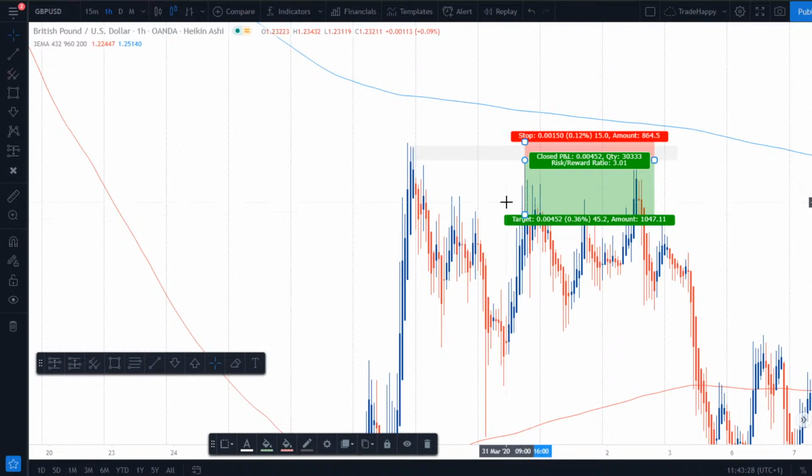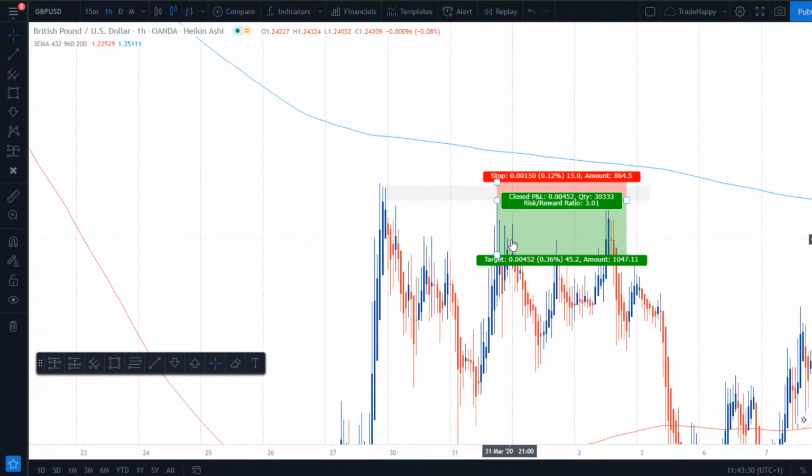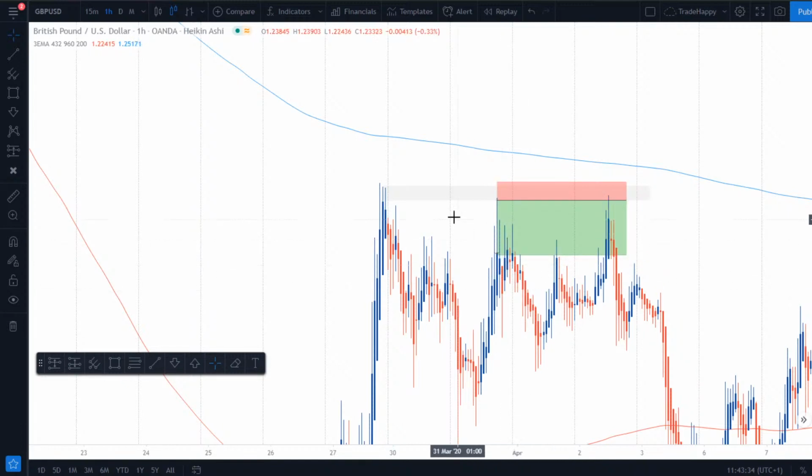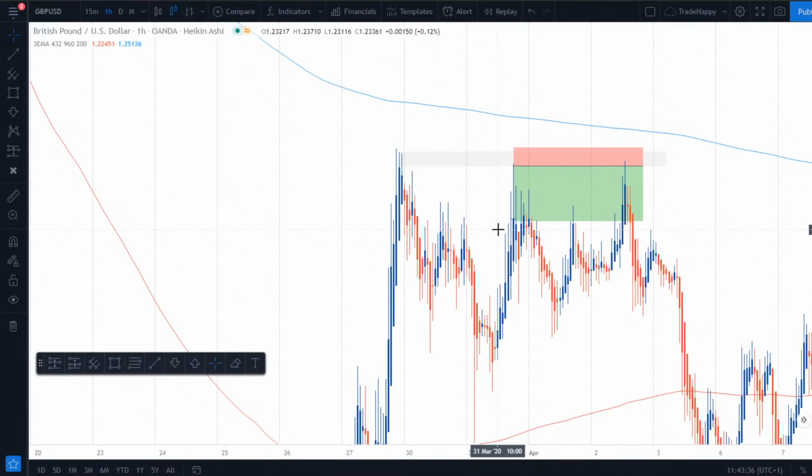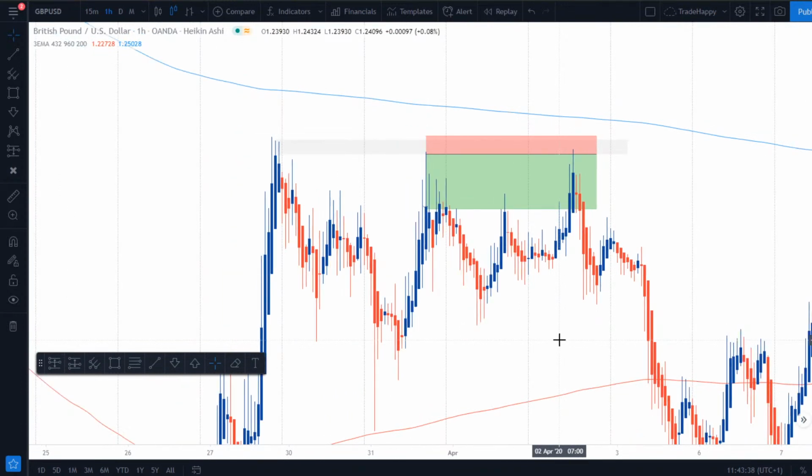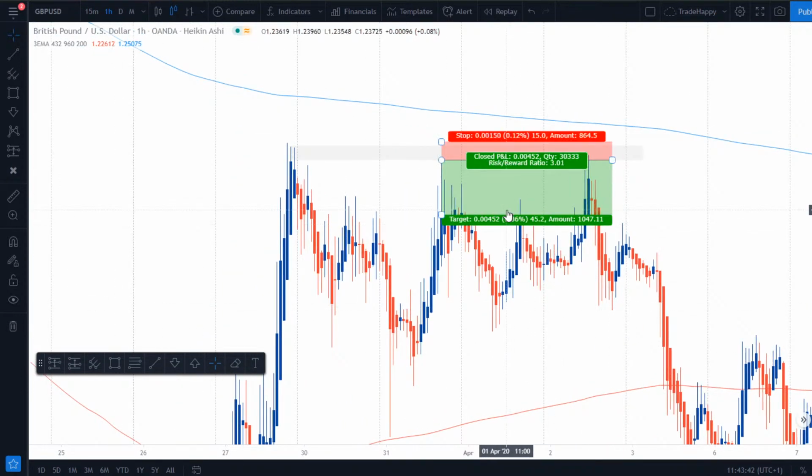So making 45 pips or risking 15. Obviously, when you're having a look at it in hindsight, you can make a lot more, but you don't know that when you're actually taking the trade. So a 3 risk to reward ratio is pretty good.